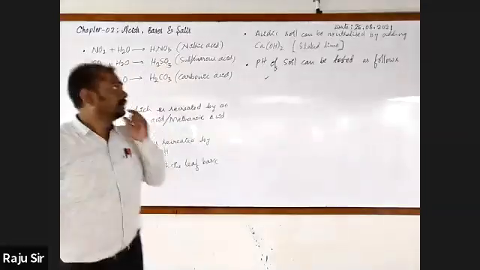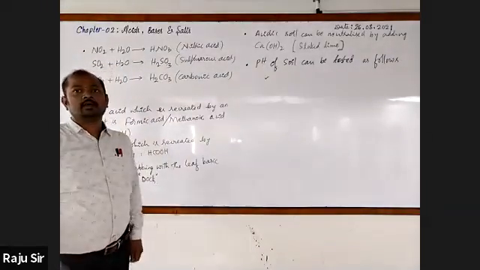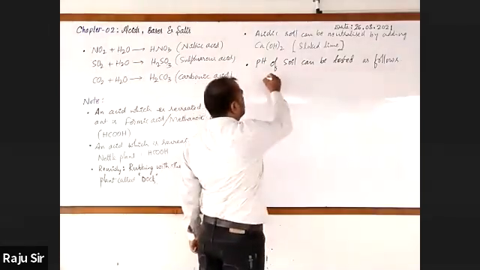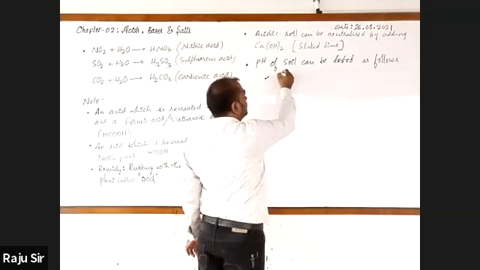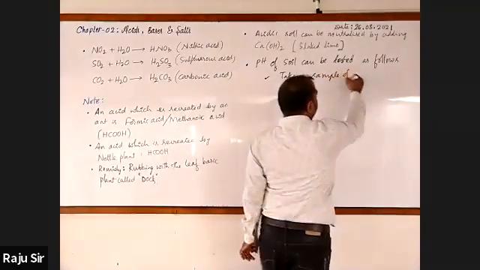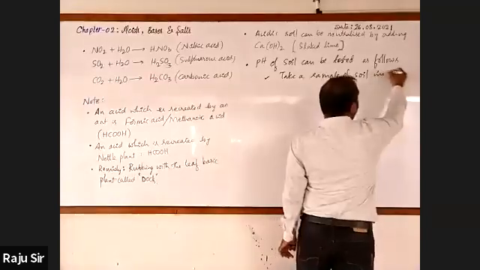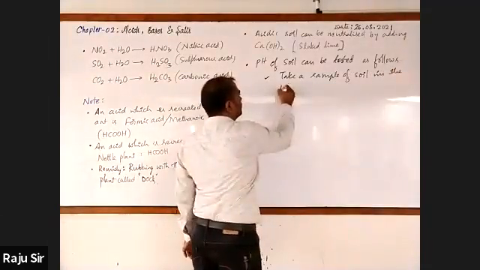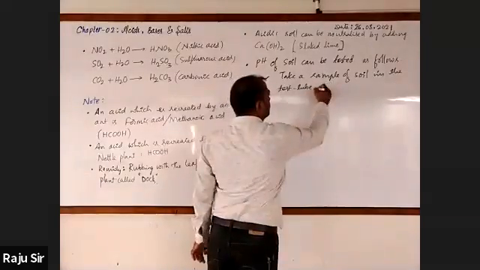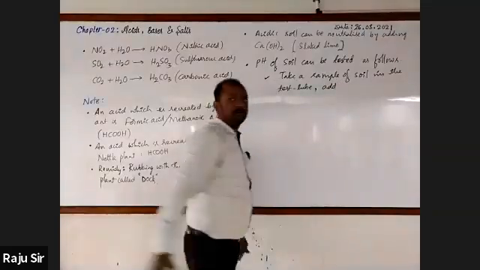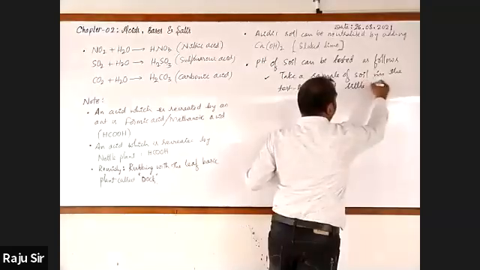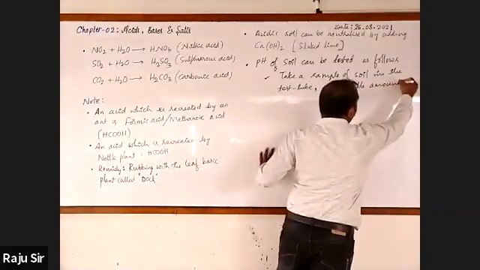How do you test the pH of the soil? How do you determine the pH of the soil? Very simple. Take a few steps. First one is take a sample of soil in the test tube, and add a little amount of water.